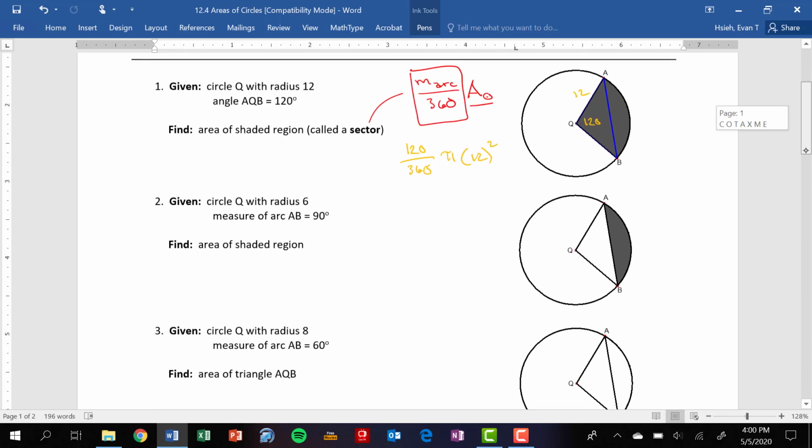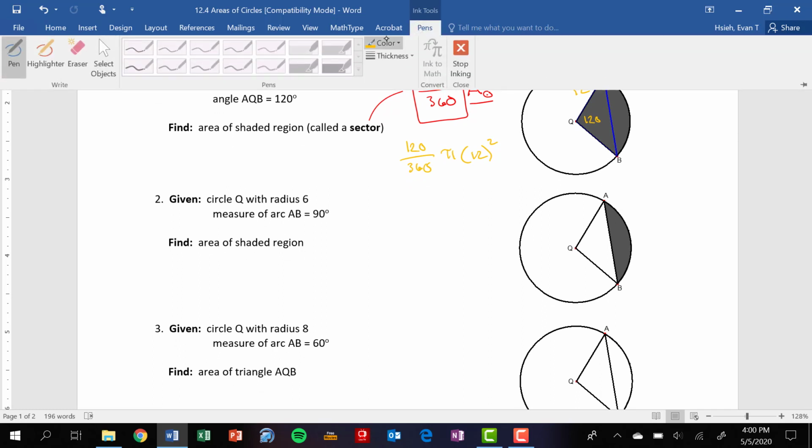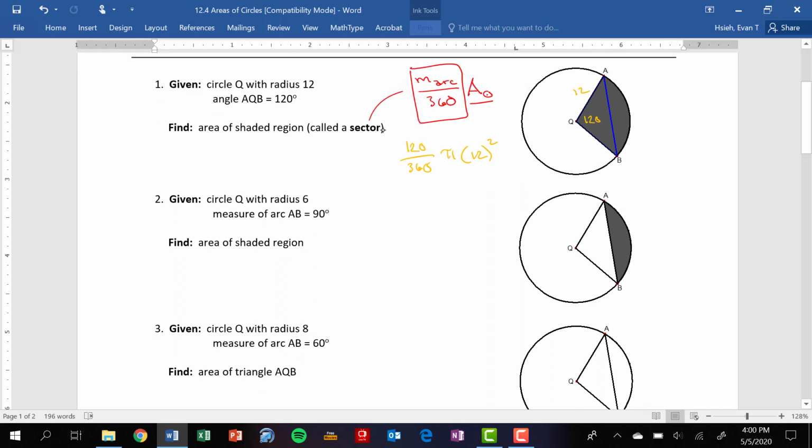Moving on to the second problem here, we're looking at the area of the shaded region, and that brings us to the second and last new idea, and that is that this is called a segment. Not to be mistaken with the segment that we had earlier in the school year, and that we use all the time.